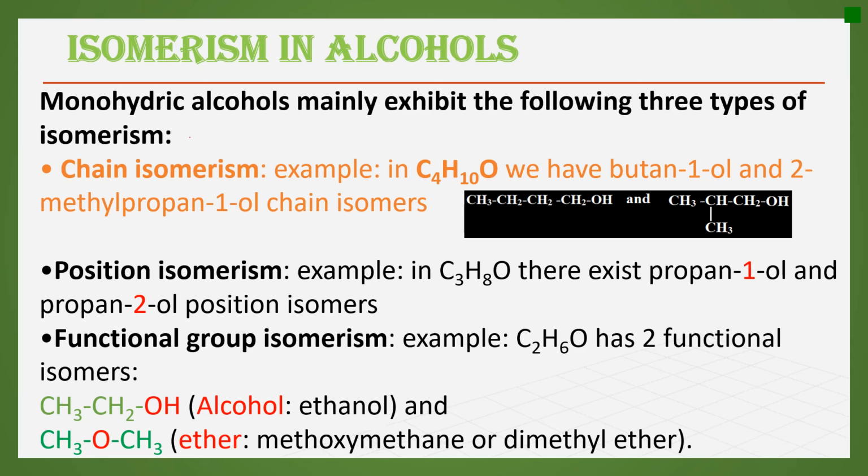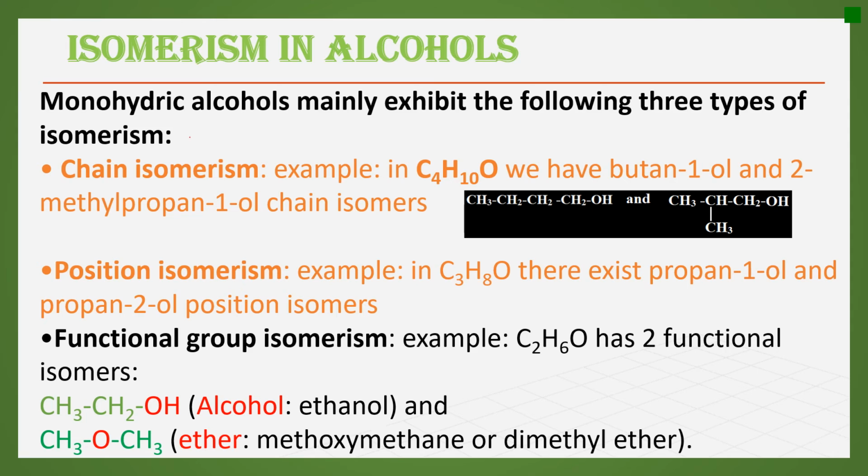If you look at their structures, in butan-1-ol the carbon connectivity is a straight chain, while in 2-methylpropan-1-ol the carbon connectivity is a branched chain. Three carbons connected together and another one is attached as a branch. So these are chain isomers.